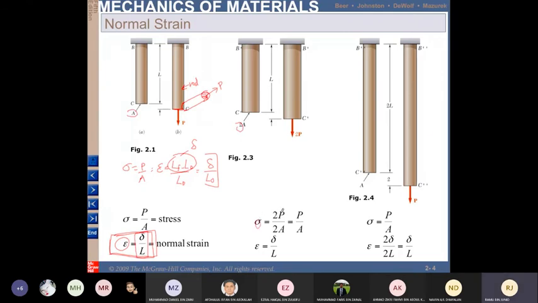The stress is still the same with 2 times higher pressure or forces. So the stress is still the same, and the strain is also still the same. Okay. Similarly, if the length is 2 times longer than the original length, the stress is also still the same and the strain is still the same.